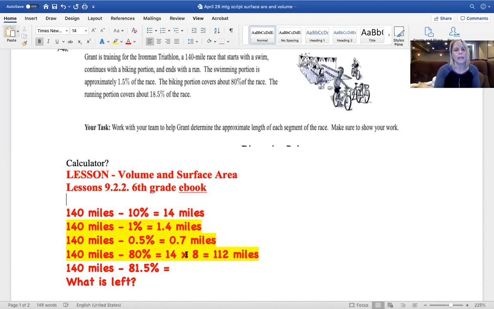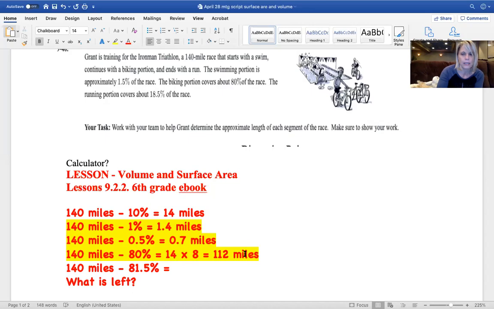If I want to find 81.5%, all I have to do is add 80% plus 0.5% plus 1%. So what would that equal? Careful with your adding. What would that equal if I add all those together? So 112 plus 1.4 miles plus 7/10 of a mile. So when I add those all up and line up your decimal points, what do I get?